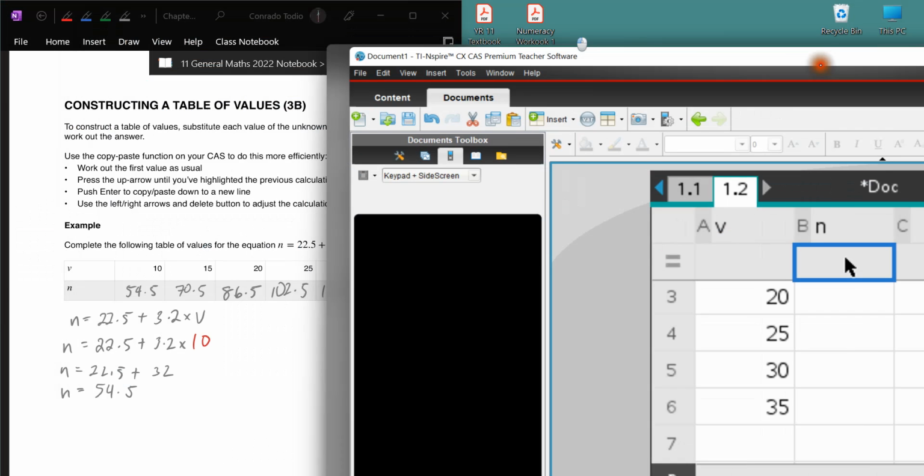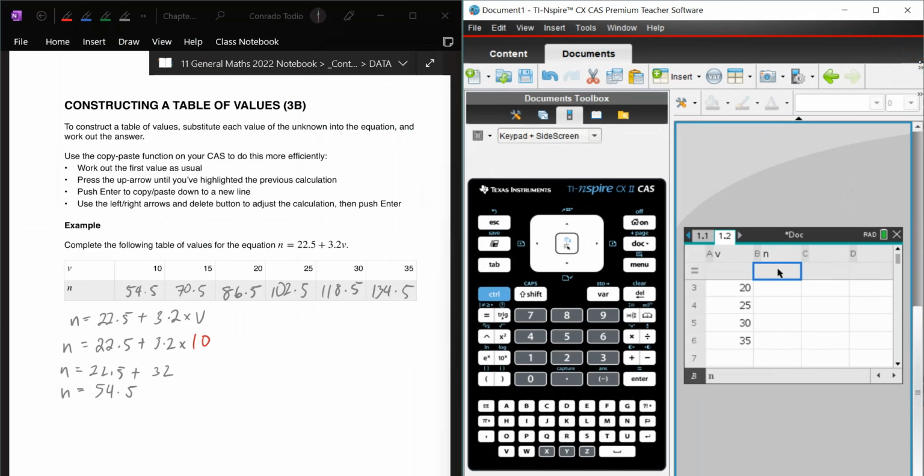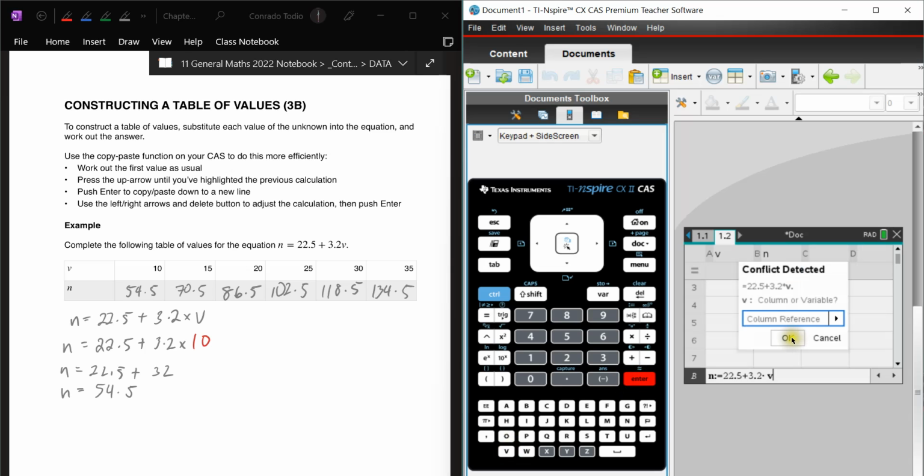So in order to put a formula here, you can press the equals button, which is this. So equals, and N equals. So we now just repeat this formula. 22.5 plus 3.2 multiplied by, and then if you've done it correctly, this V should be a little bit bold. And then when you press enter, it's going to ask you for this column reference, just go okay.